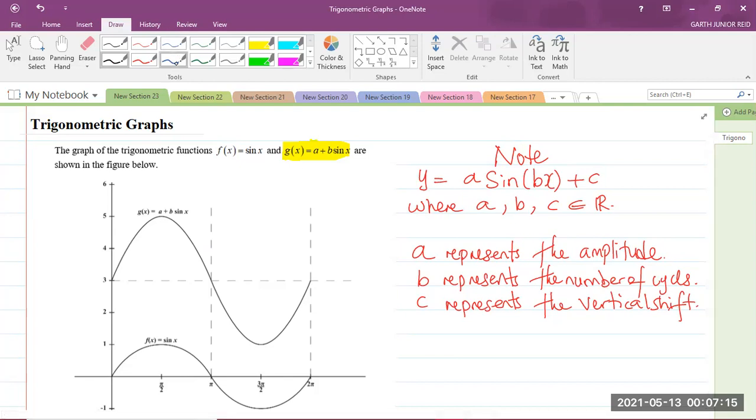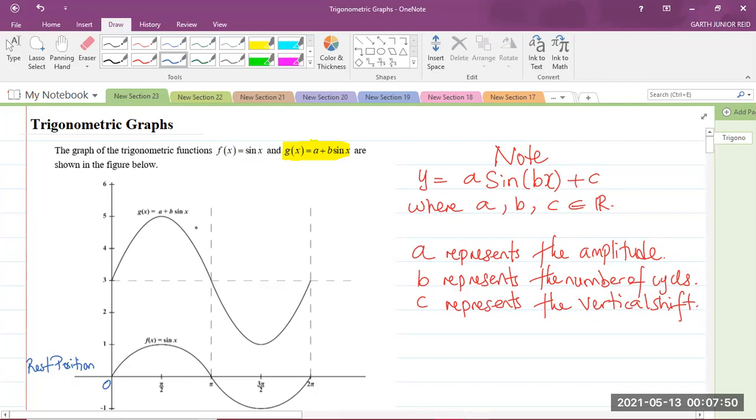Now, if we do some careful observation of the graph, here I have 0, and let me just let you know that this horizontal line here is called the rest position. It is the x-axis, but it is referred to as the rest position, and in physics, they refer to it as the undisturbed position.